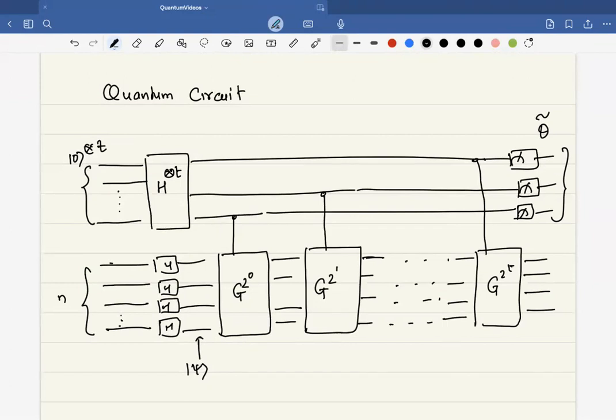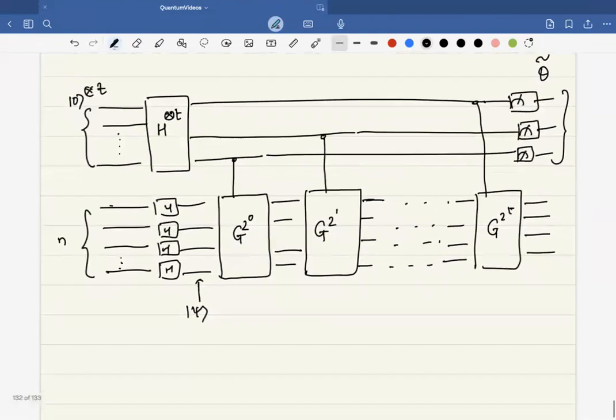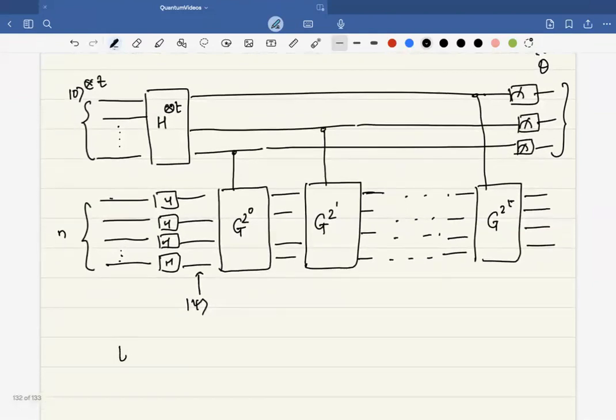So if we choose t to be nearly n over 2 plus some constant, then we get an accuracy of square root of m.